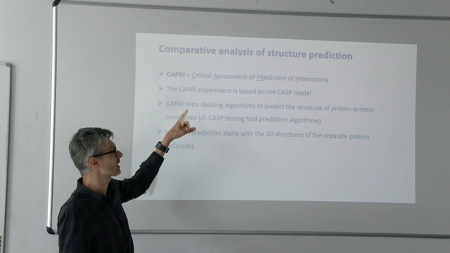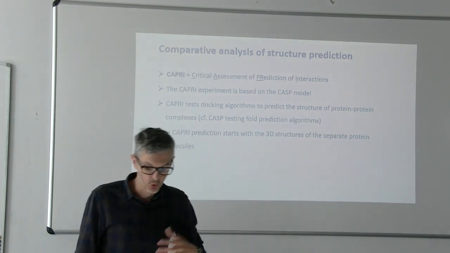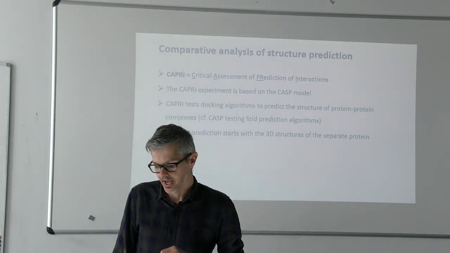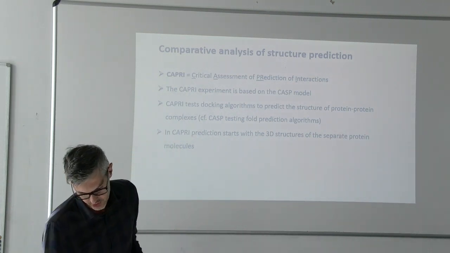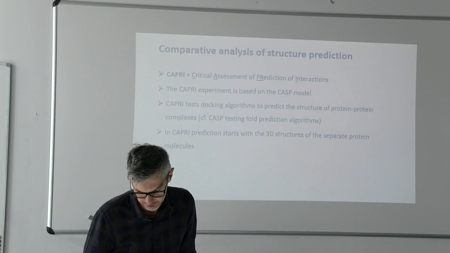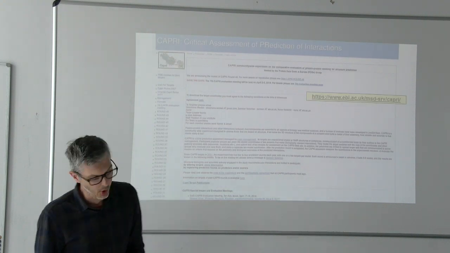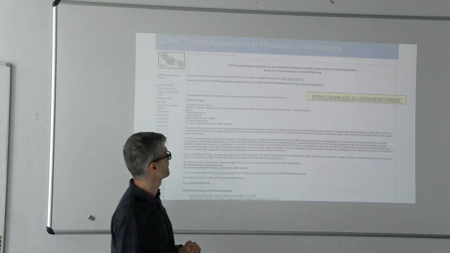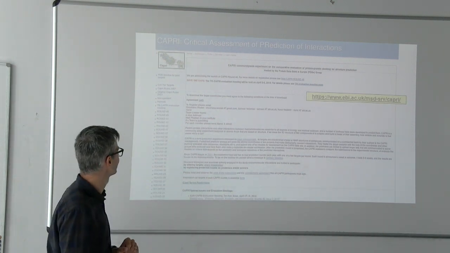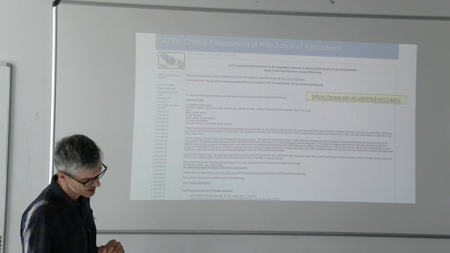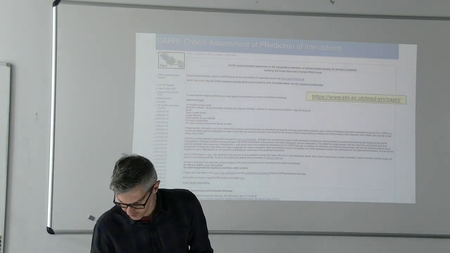This is where the ClusPro came out very well actually, and why, if I would have to do automated docking, I use the ClusPro server based on the results of this competition. There is also a website at the European Bioinformatics Institute, EBI, CAPRI website, where you can find the results published there of this critical assessment.